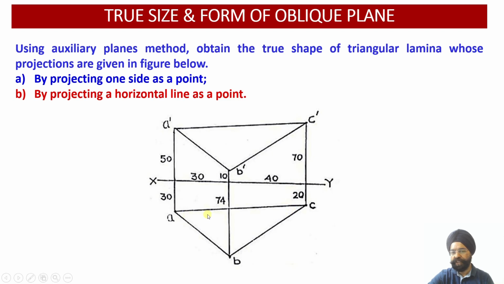If AD is parallel to XY, I extend this point D upwards to locate point D dash over here on the B dash C dash edge. Having obtained this D dash, the special characteristic of A dash D dash is that it is a true length, because AD was parallel to my XY line. So whatever A dash D dash I would have obtained over here would have become the true length.